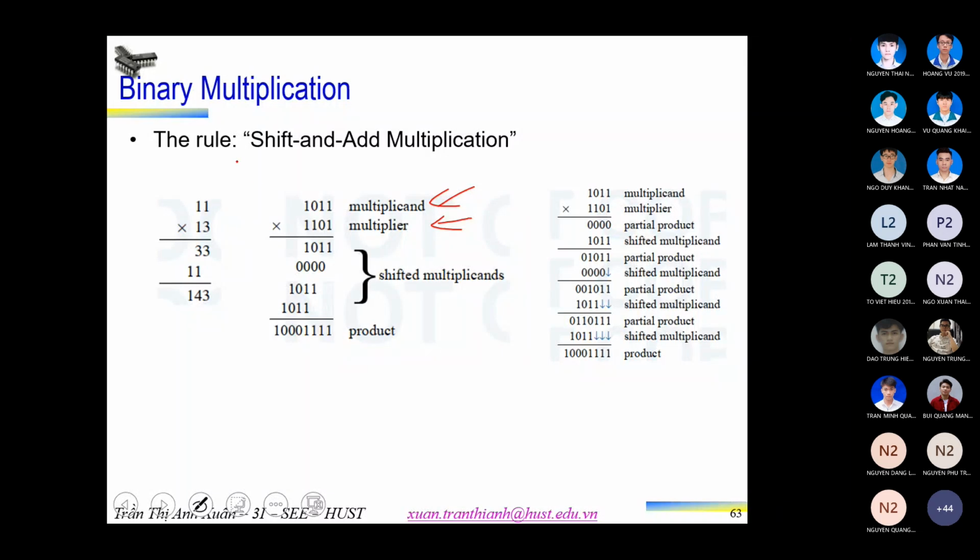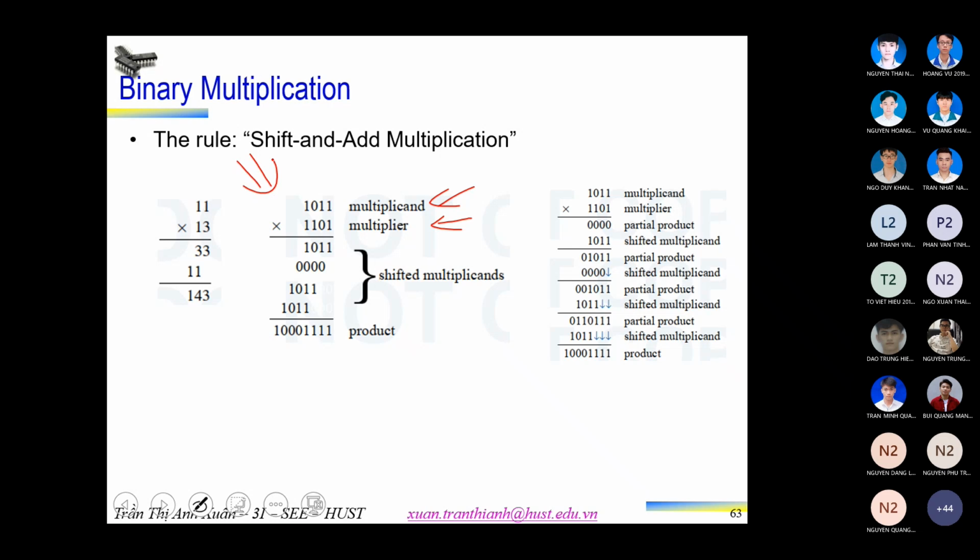So, for example, we have binary multiplication between two unsigned binary numbers: 01011 multiplied by 1101.